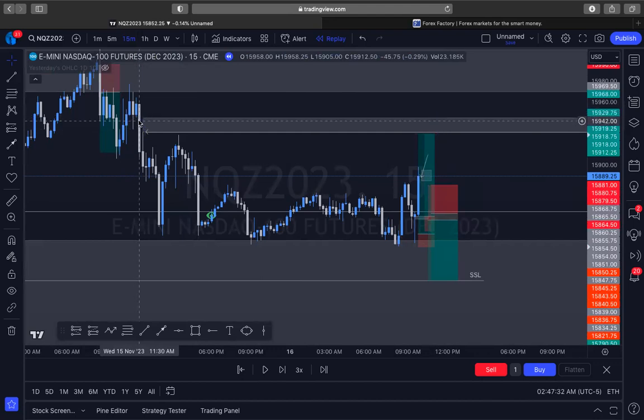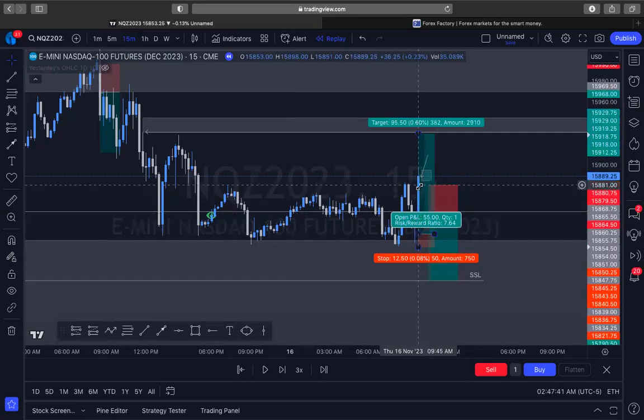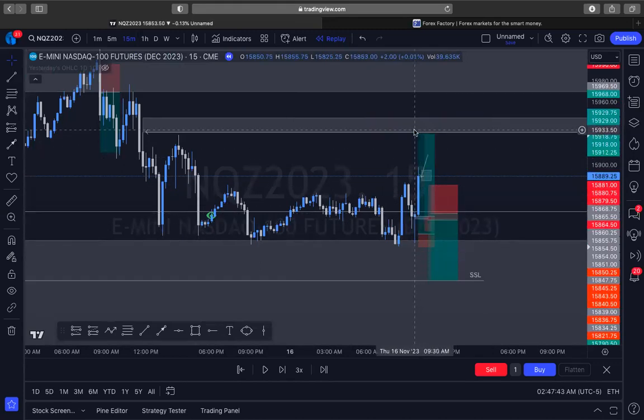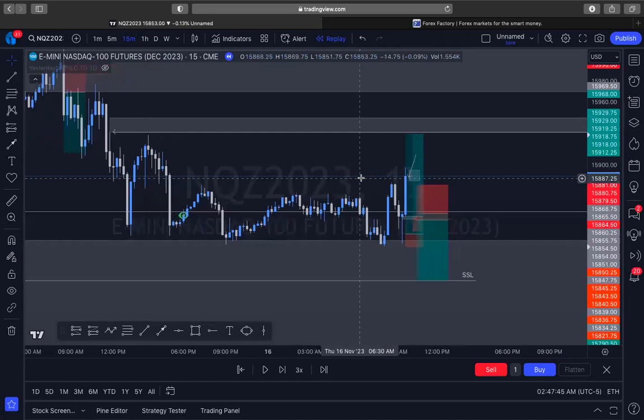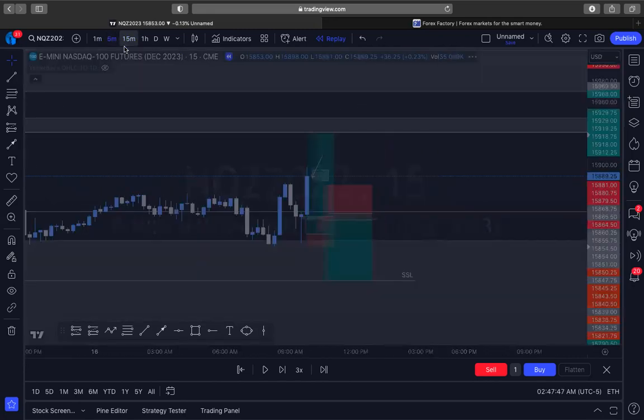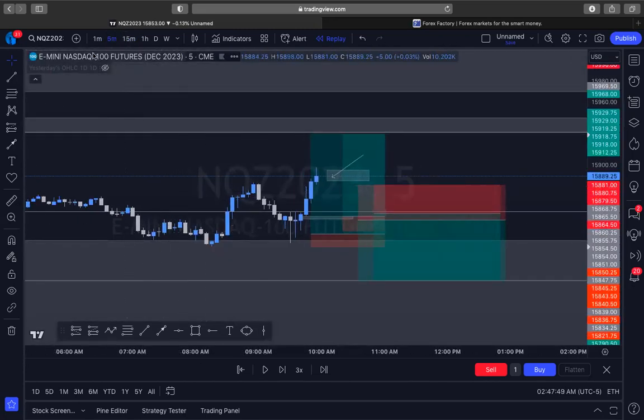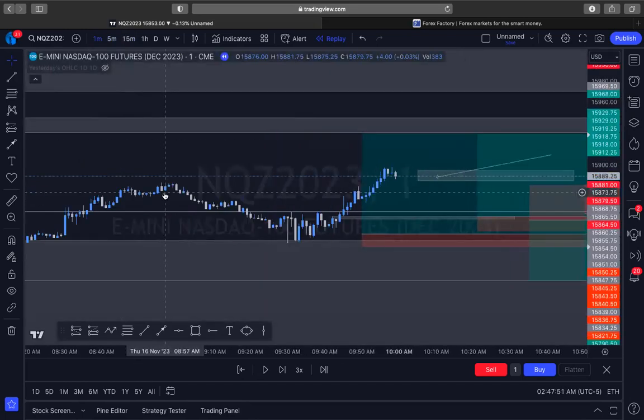This candle right here is considered a SIBI, right? Sell side imbalance. So I wanted to see if I can enter a short-term buy into that fair value gap and then short it, right? So clearly you can see what my thought process was and why I entered where I entered, right?